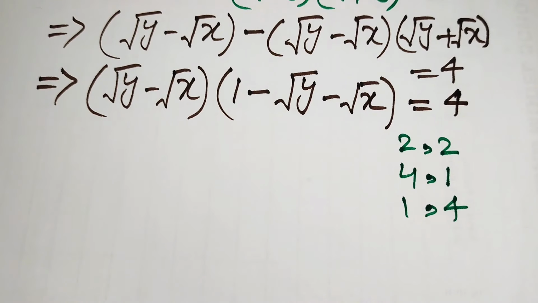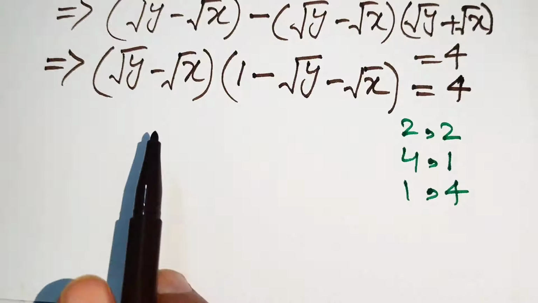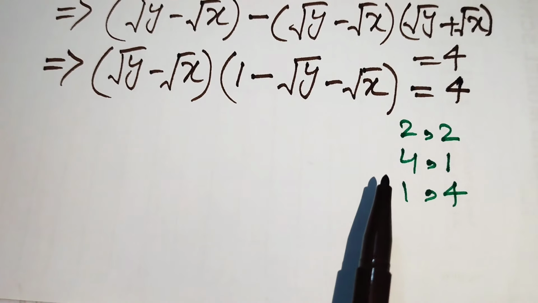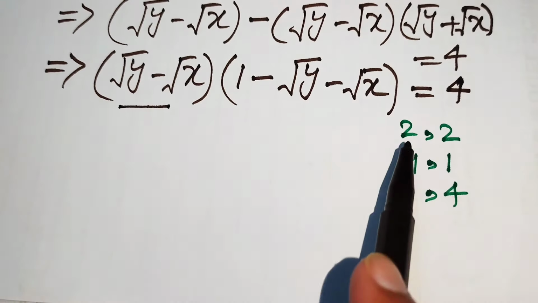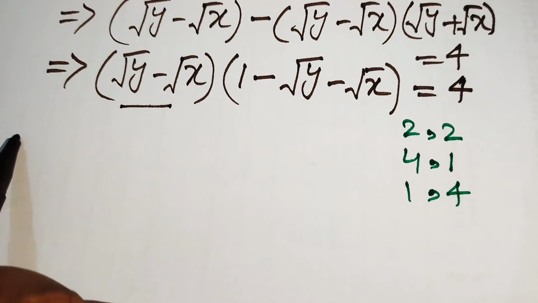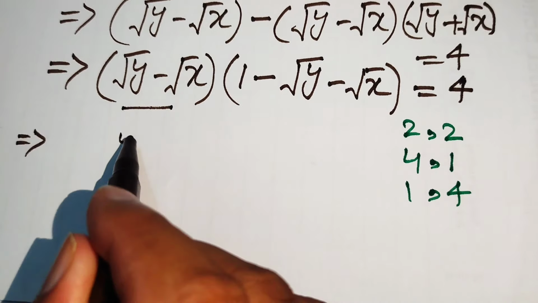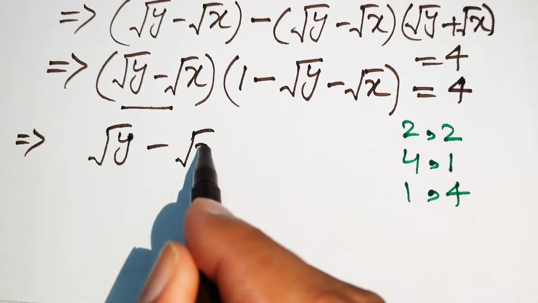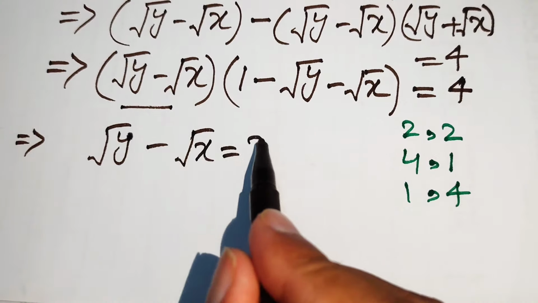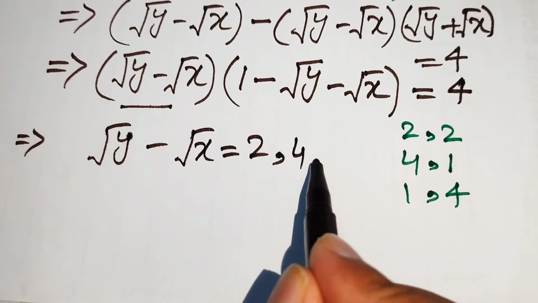So here we have two ways to solve further. The one is we just compare these three cases one by one and solve these three equations, and the other is we equate one factor at a time. If you compare the first factor on these first values, it is written as square root of y minus square root of x equals 2, 4 and 1.